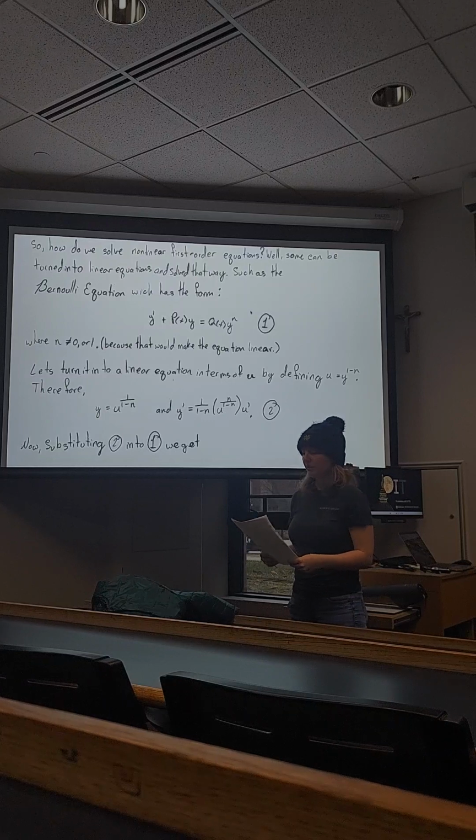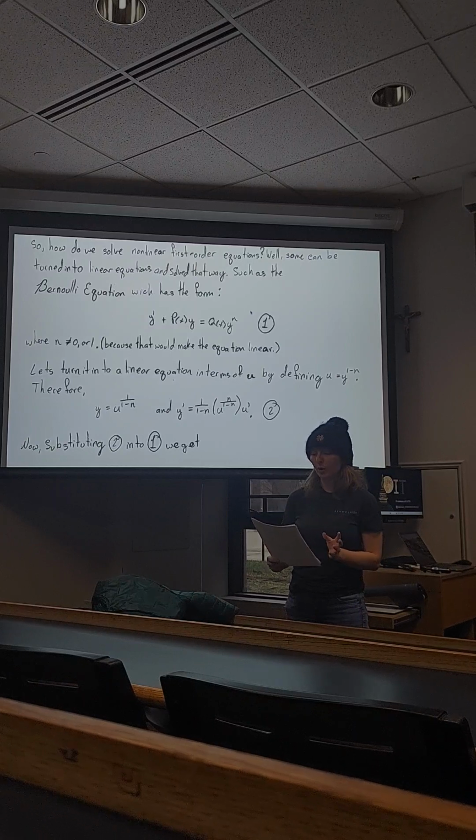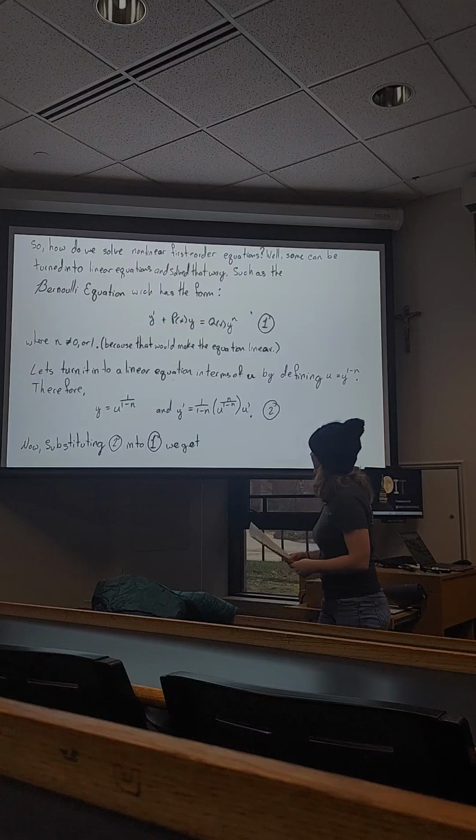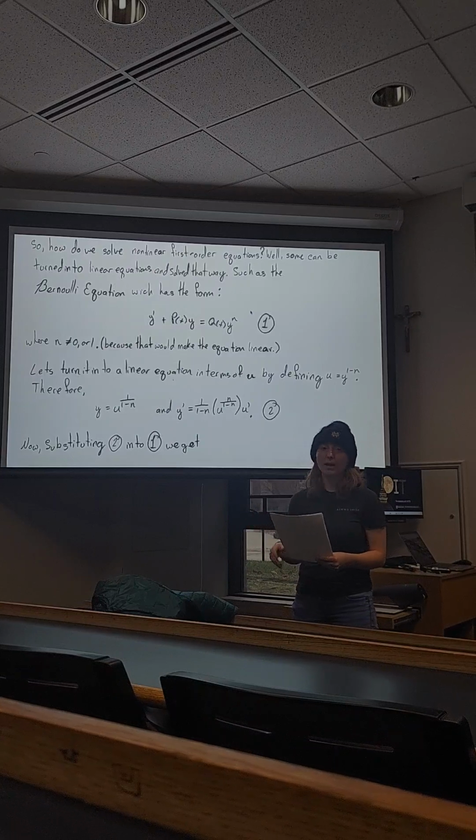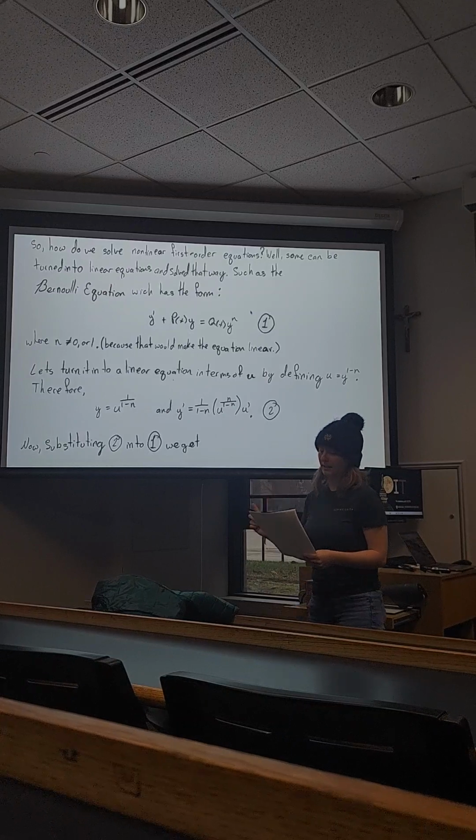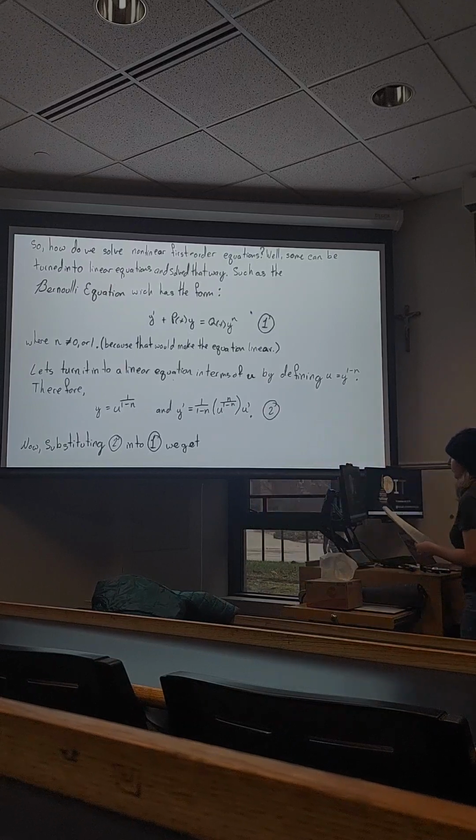So in order to be able to linearize this equation, we're going to define a dependent variable u, and that variable u is going to be equal to y to the 1 minus whatever n is.